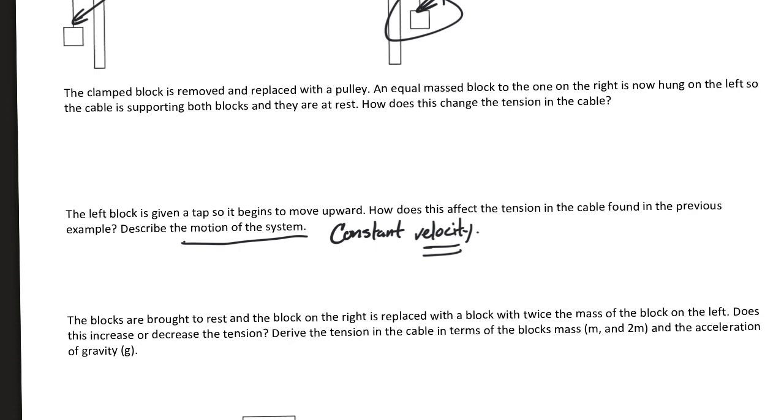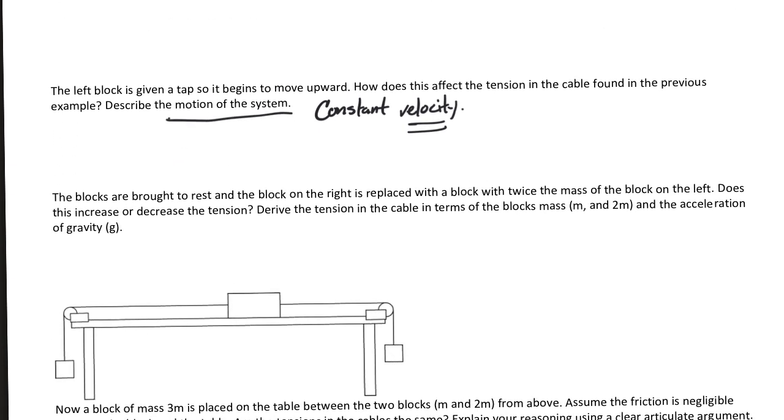Now, we move on with this. The blocks are brought to rest, and the block on the right is replaced with a block with twice the mass of the block on the left. All right, so now we're getting somewhere. We have block M and a block 2M. Does this increase or decrease the tension?